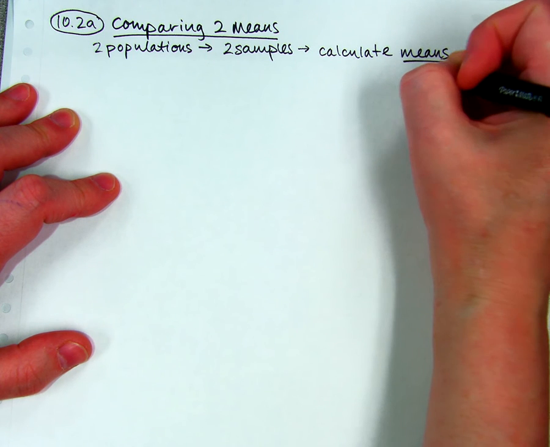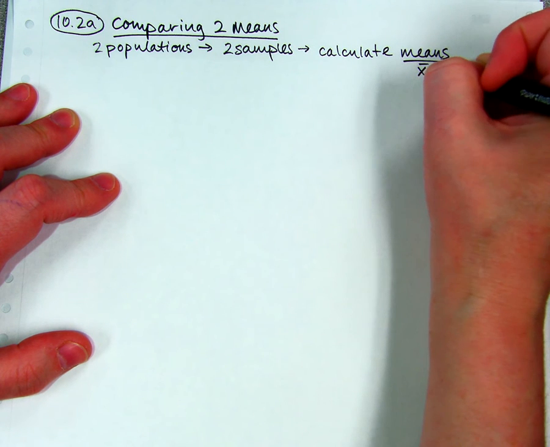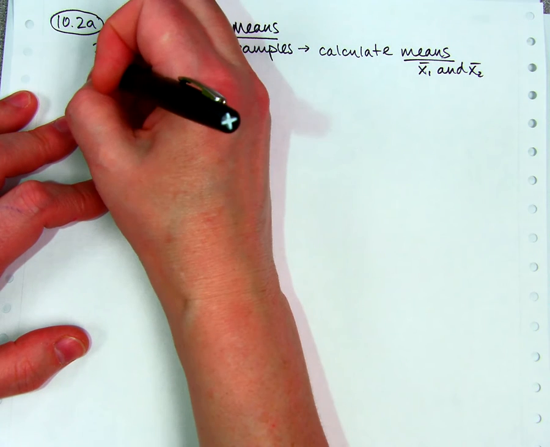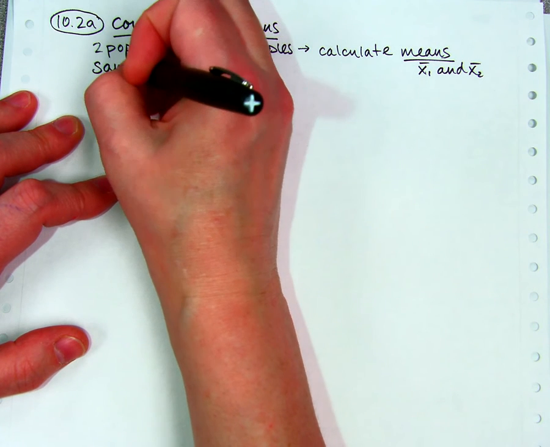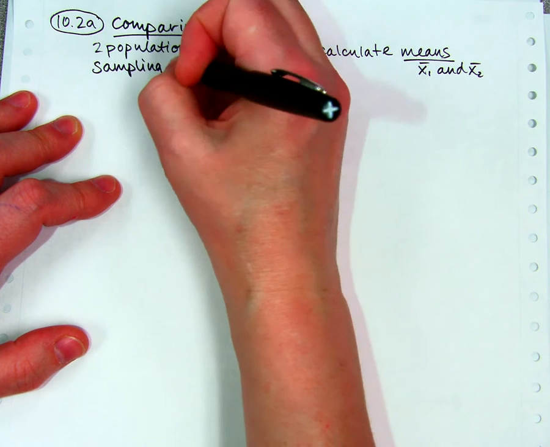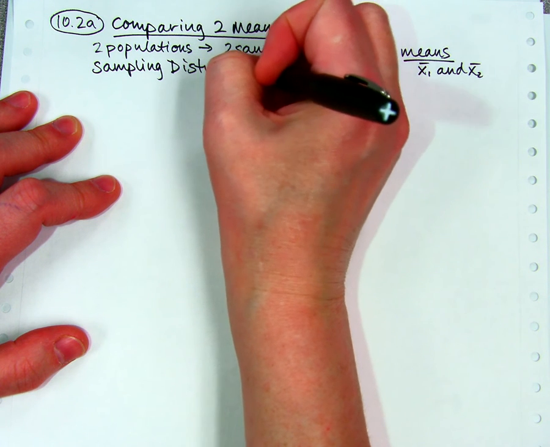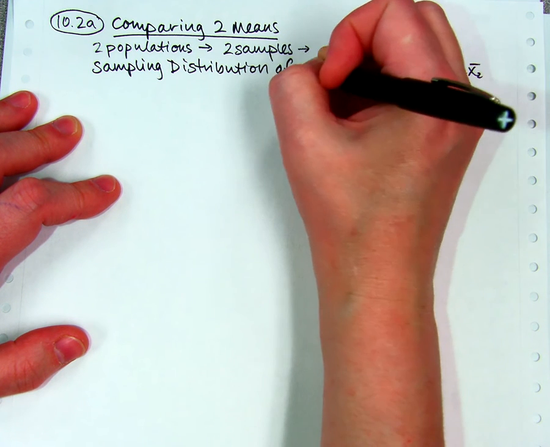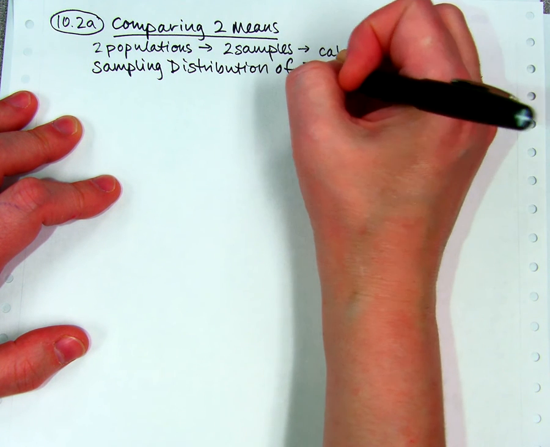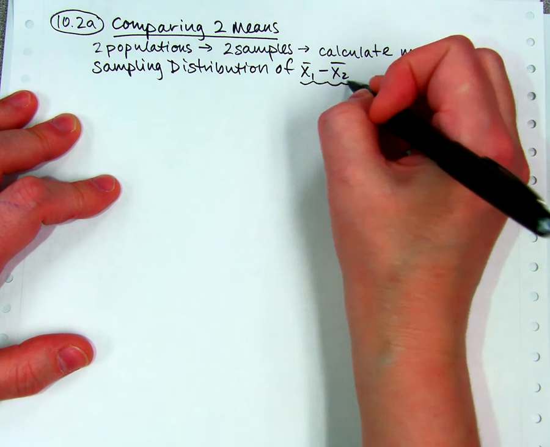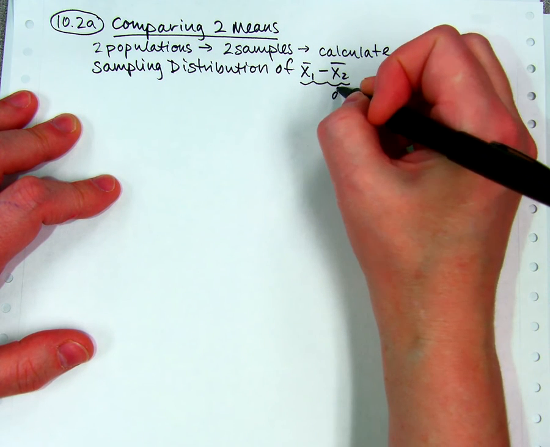So we'll be calculating our x1 bar and our x2 bar from the two separate samples. And then we're interested in talking about the sampling distribution of the difference of two means, which is x1 bar minus x2 bar. And it's the same basic idea, except with means.